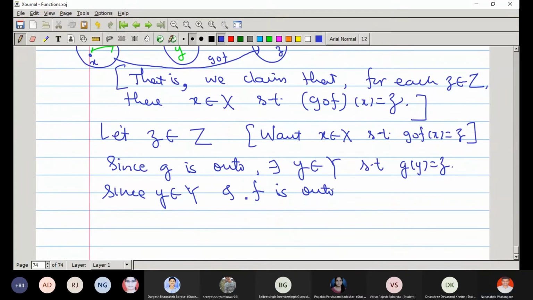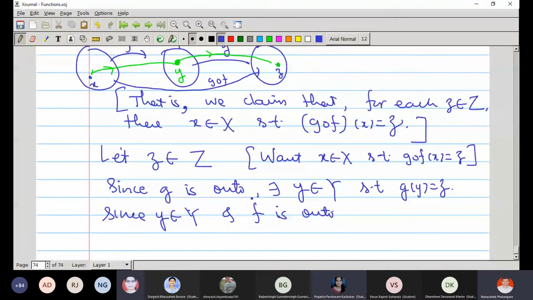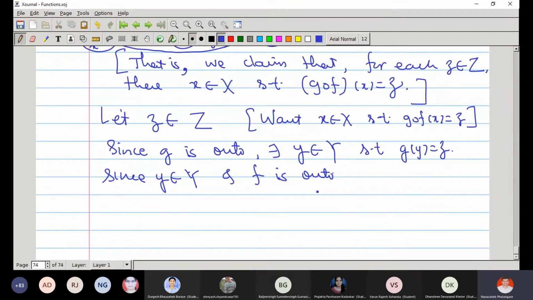Yes, y equals f of x. So now I will produce the pre-image of y. Since y is in Y and f is onto, there exists a pre-image x in X such that f of x is equal to y.